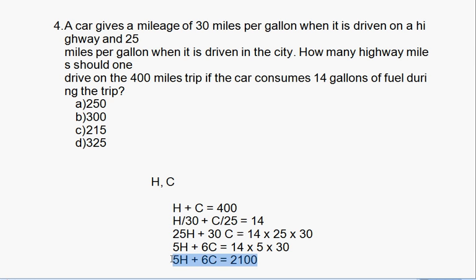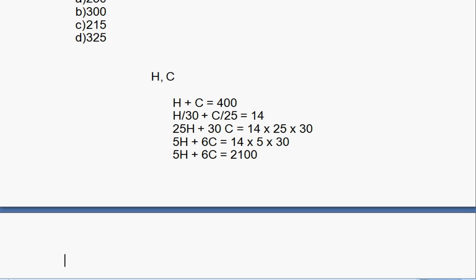So we have these two equations finally to solve. One is this and another is this. What can we do? We can multiply the first equation by 5 and subtract it from this, right?